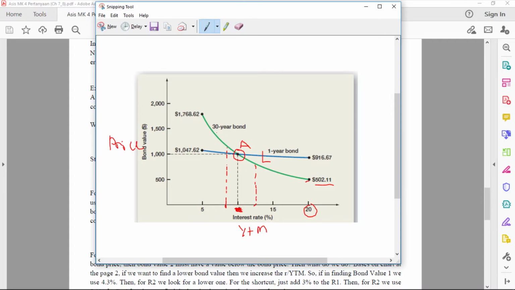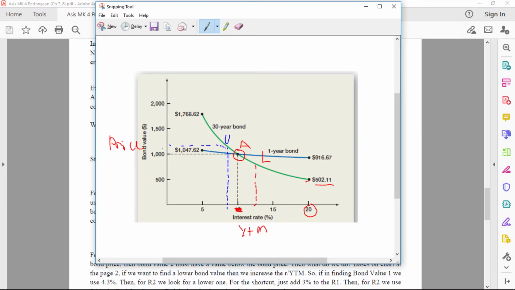I have a blue pen right there, so it's easier. Okay, let's call this the upper value bond. So what you're going to do is to estimate this when you have the information on the upper value of the bond.